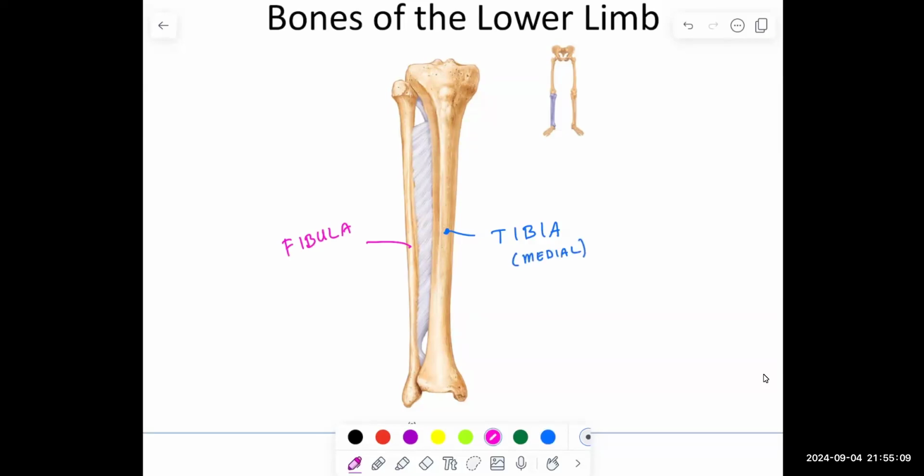The fibula will always be lateral. That means the fibula is always pointing on the outer lateral side. Always be that way. Fibula, tibia.